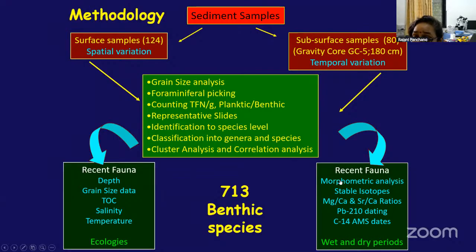Then, using all these different kinds of data on my subsurface samples, I was able to talk about past climate. So this told me about the present: what are the different processes, what are the different ecologies, what is the ongoing process in the present. That is what the surface samples told me.